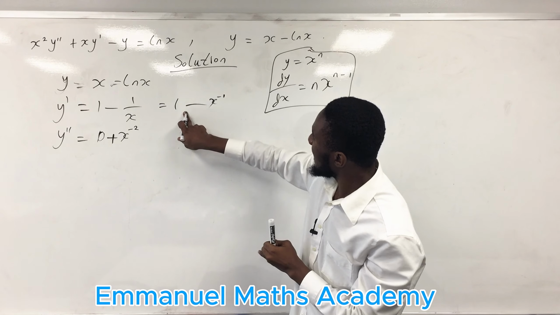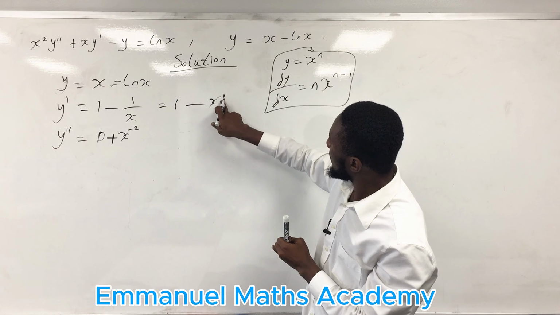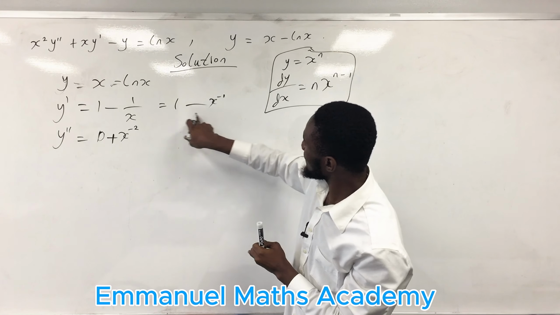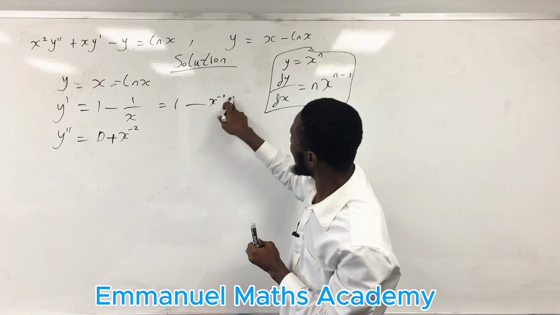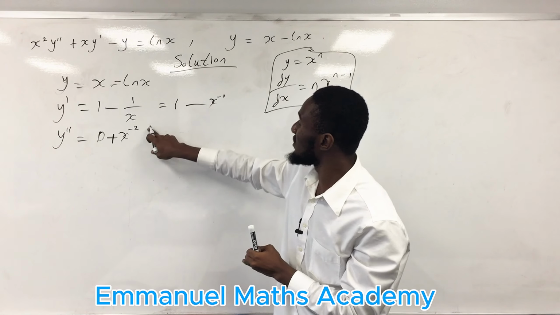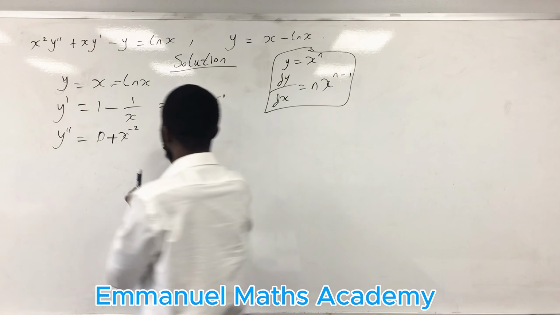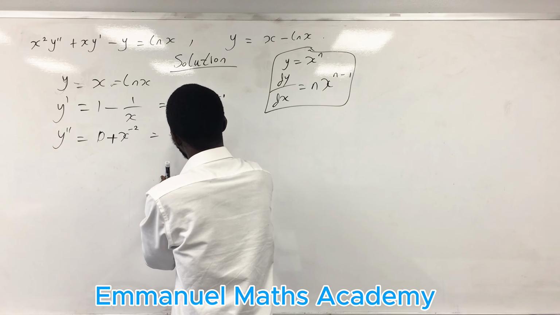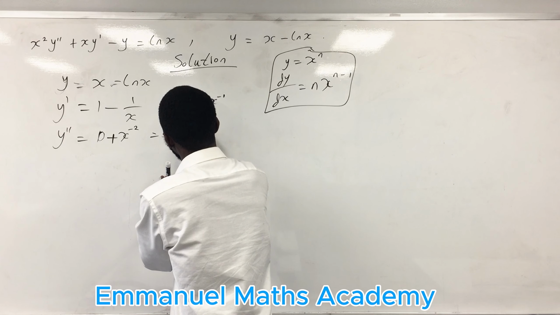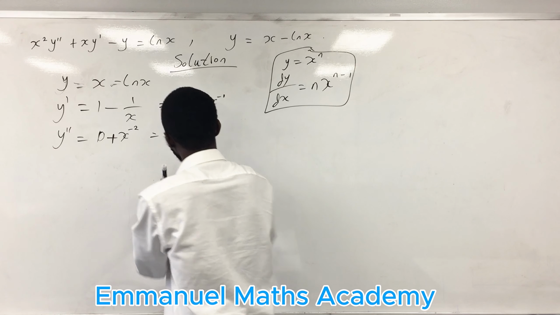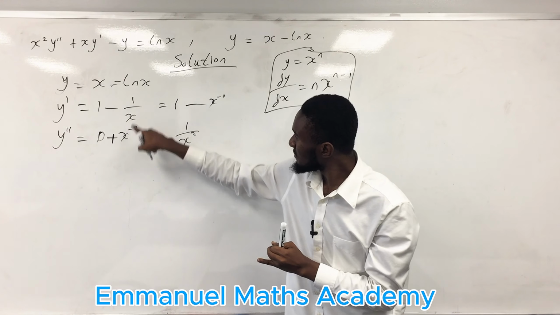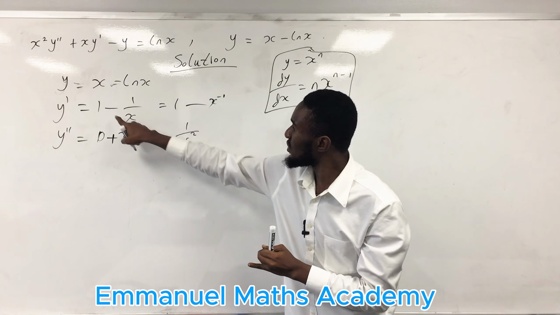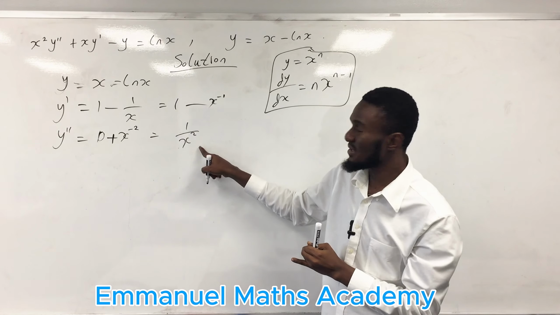So here, minus 1 will multiply this. You have what? You have plus. Minus times minus will give you plus. Then you subtract 1. Minus 1 will give you minus 2, right? So this is equal to 1 over x squared. It's the same thing. If you convert this back to fraction, you have this, right?